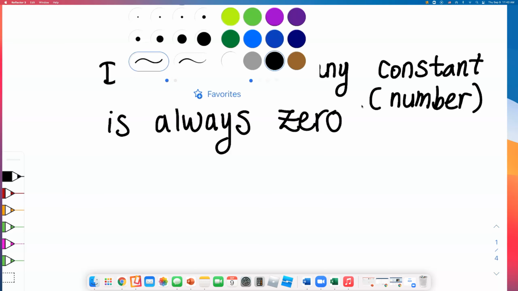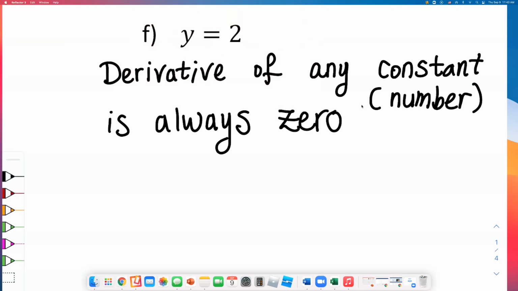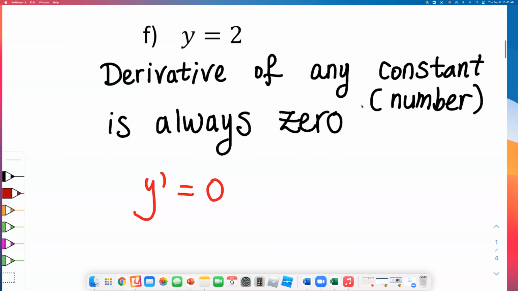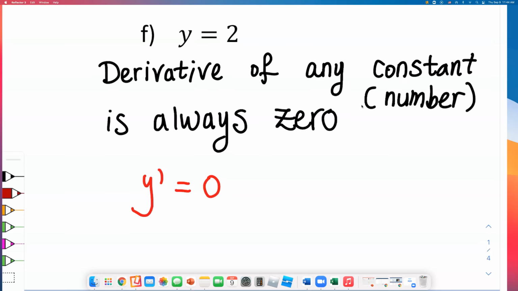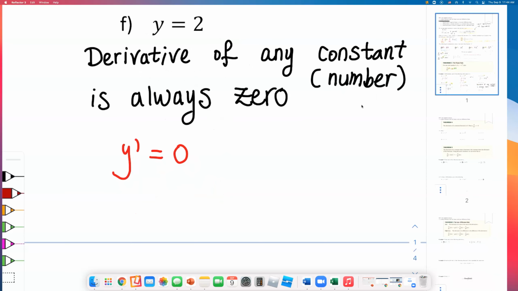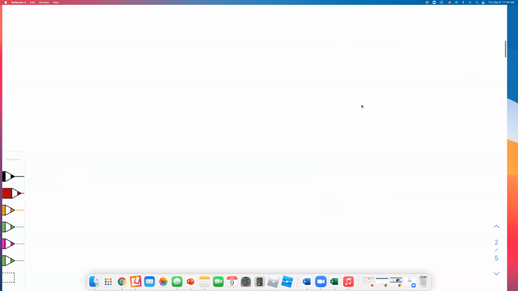So if they give you, hey, y is 2, what is y prime? It's simply 0. If they give you, hey, y is 56, what is y prime? y prime is 0. And I can show you both in terms of graph, or I think I can go ahead and add a page and do this with you.